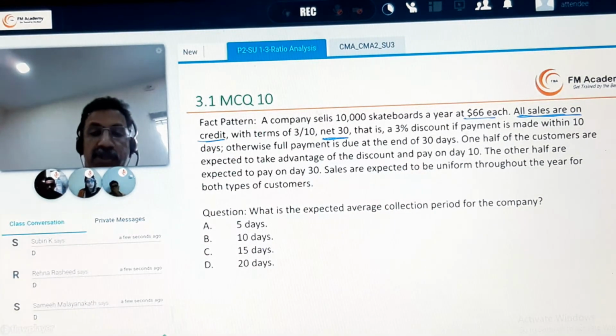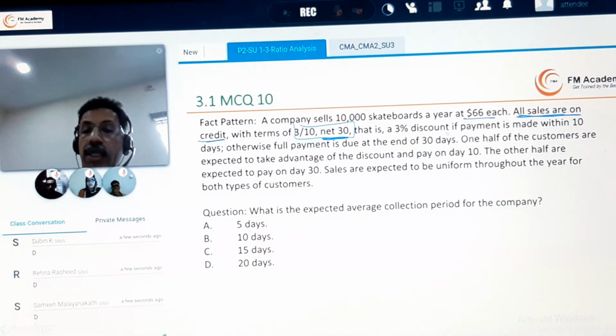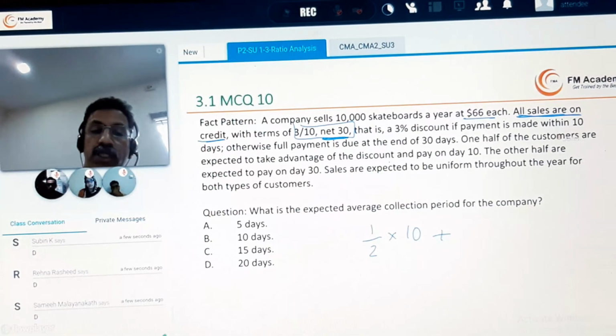That's an explanation of this credit term. One half of the customers are expected to take advantage of the discount and pay on day 10, so 10 days is the collection period for one half. The other half are expected to pay on day 30.